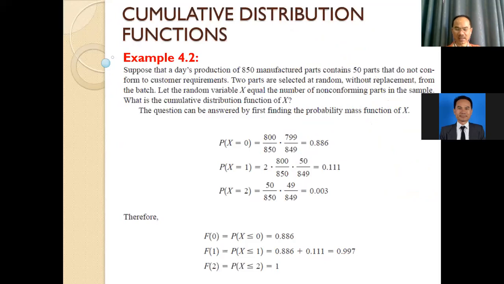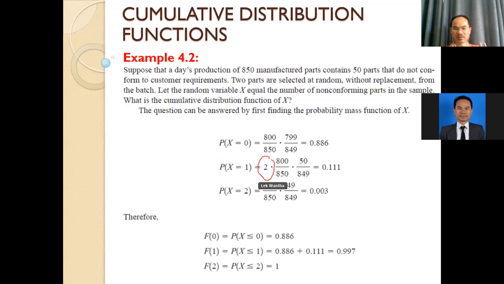For the second case, X equal to 1, what does it mean? Of the 2 parts, 1 is fail and 1 is good. For this case, we have to multiply by 2 because there are 2 events.